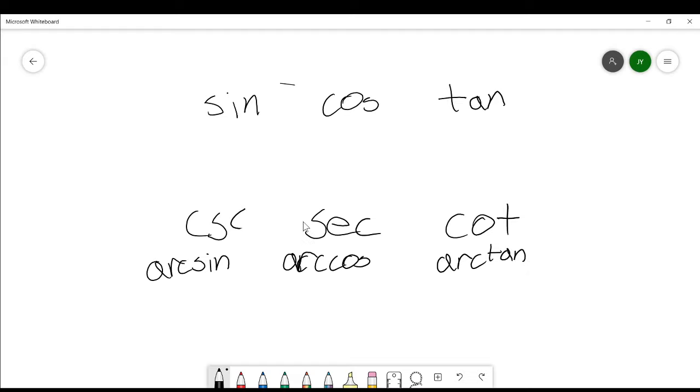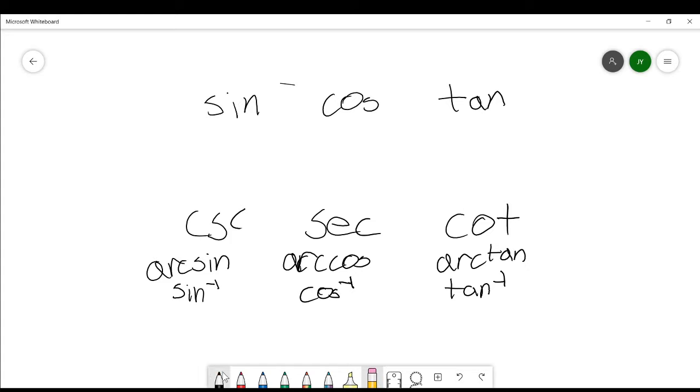And you might be like, yo, what are those new things? But these are essentially different names for what are just the inverse of a sine function. Tangent inverse.